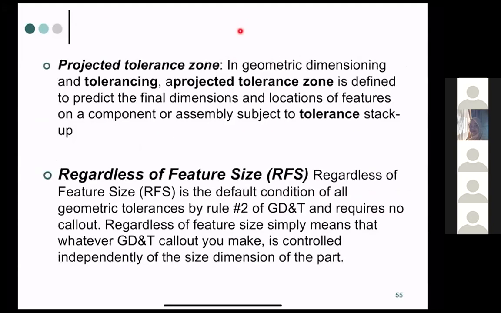Projected tolerance zone is a final dimension which is subject to assembly tolerance stack up. And regardless of feature size is the default condition in GD&T and requires no callout.